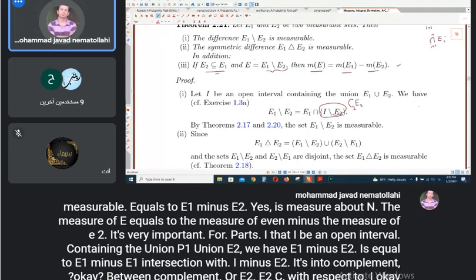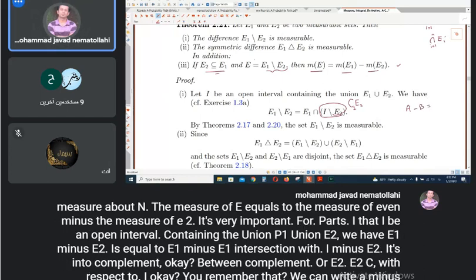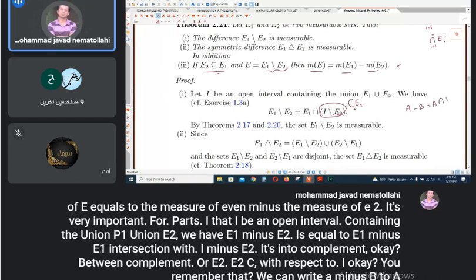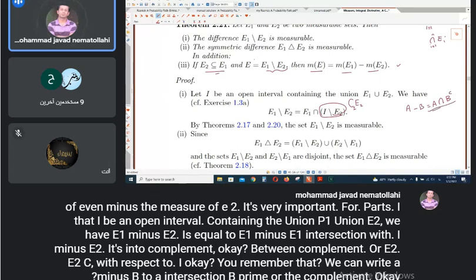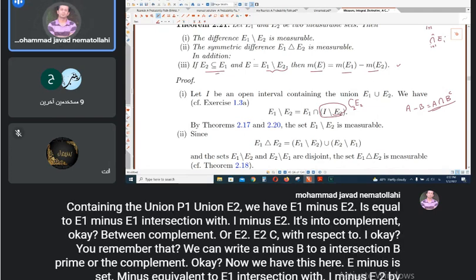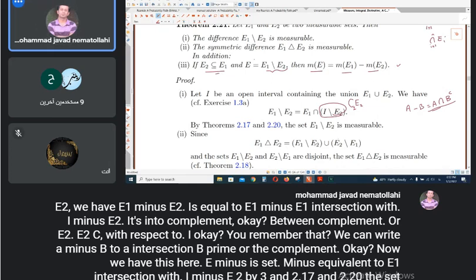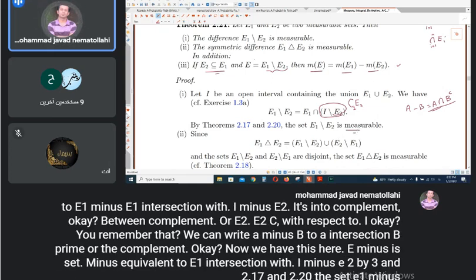You remember that we can write A minus B as A intersect B prime, or B complement, okay? Now we have E1 minus E2 equals E1 intersection with I minus E2, and by theorem 2.17 and 2.20, the set E1 minus E2 is measurable.